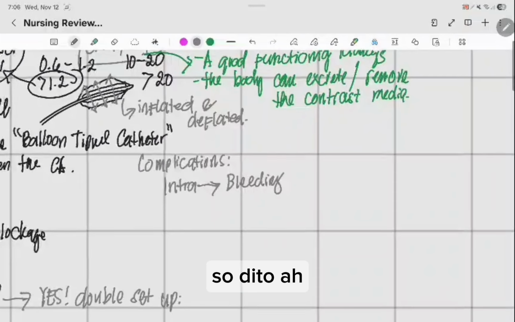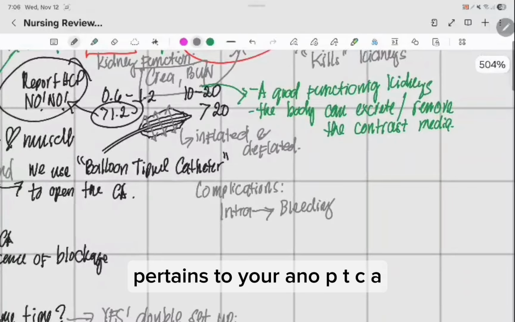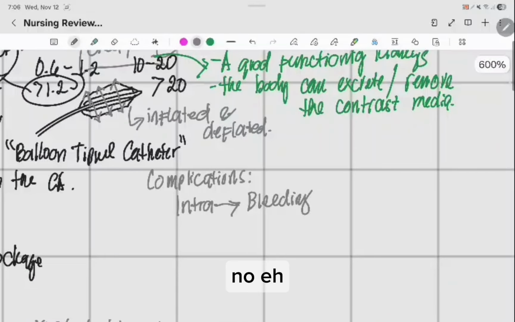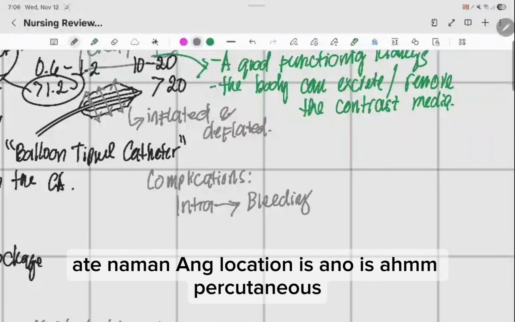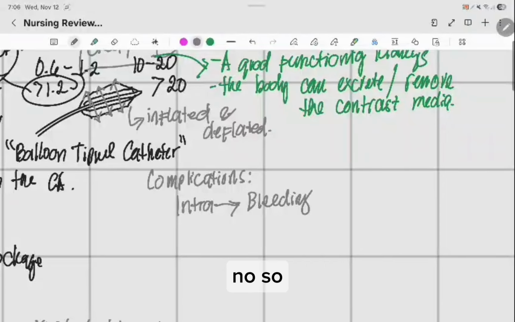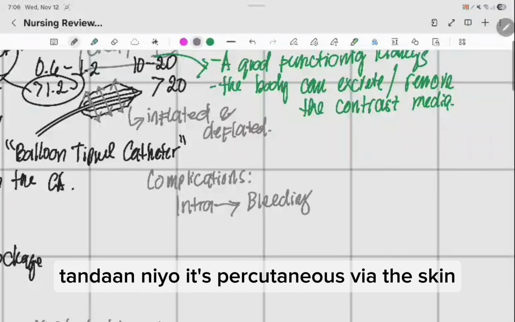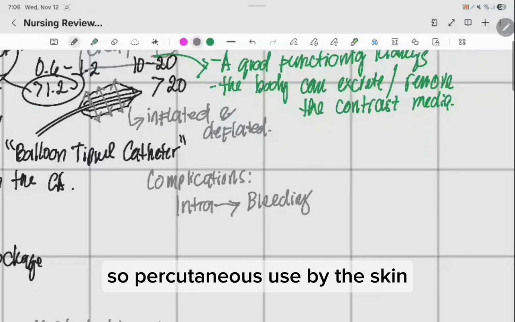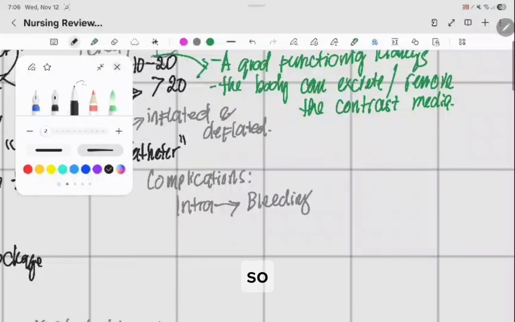So dito pertains to your PTCA, no? Atin naman ang location is percutaneous, via the skin. So tandaan nyo, it's percutaneous via the skin. Lagay ko dito.